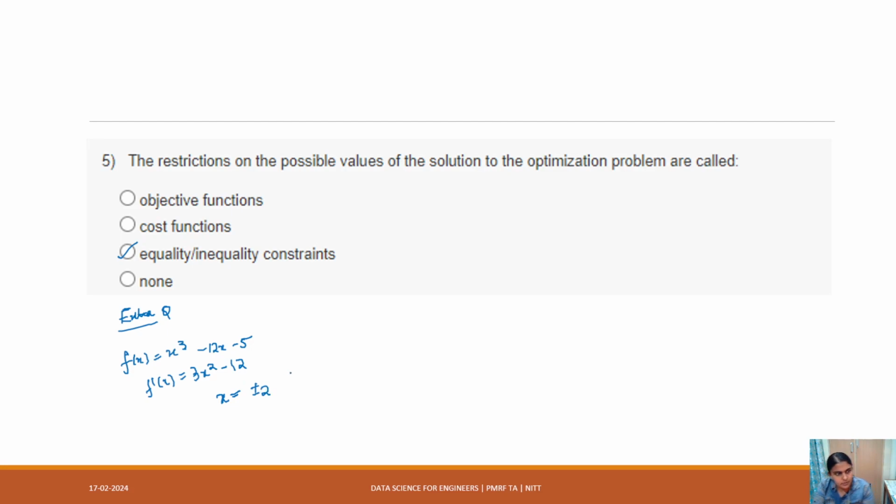One way you can look at this is that you are given the intervals: minus infinity to minus 2, minus 2 to 2, and 2 to infinity.